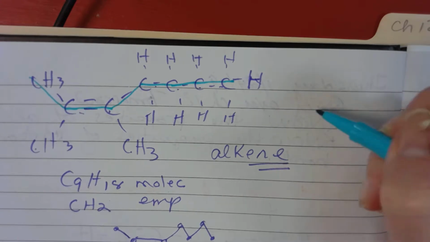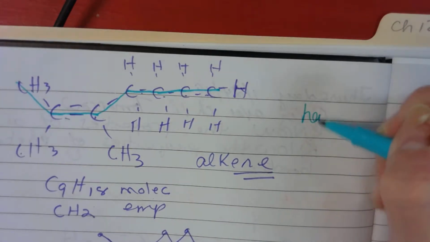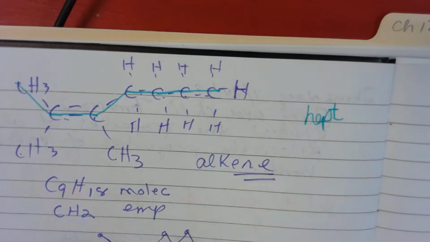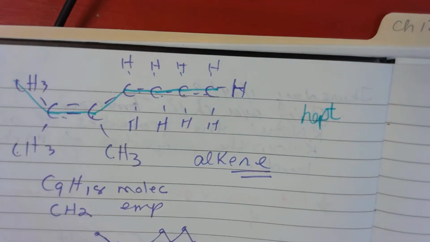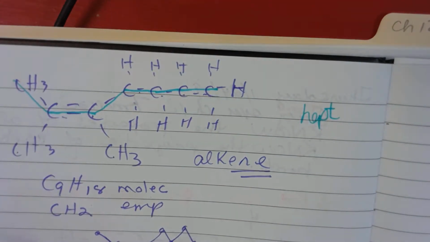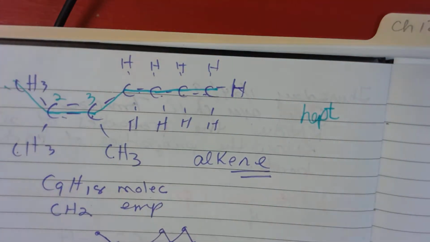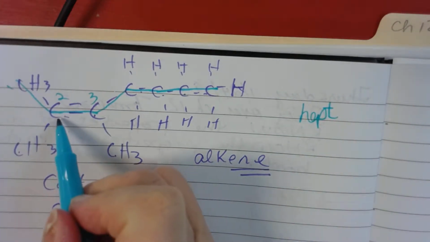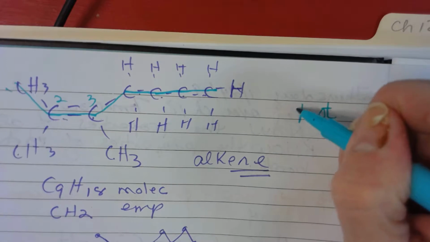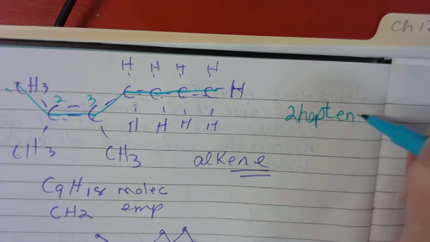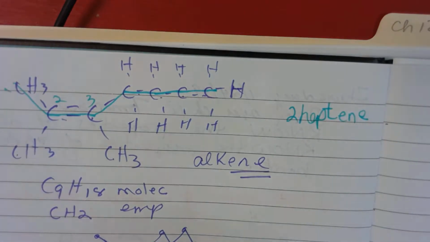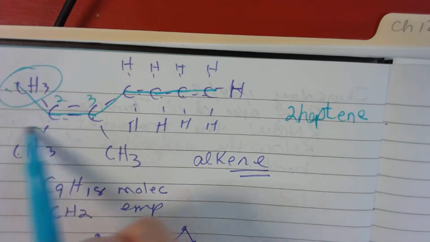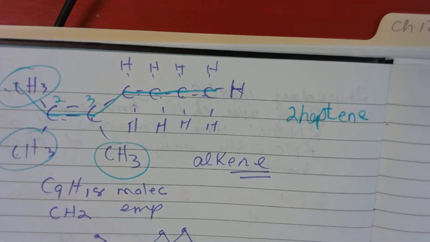Okay, so we're going to use hept. We're going to start numbering where our functional groups get the lowest number. So 1, 2, 3. The double bond occurs at carbon number 2, so we're going to say 2-heptene. Now, I've got a total of 3 methyl groups.